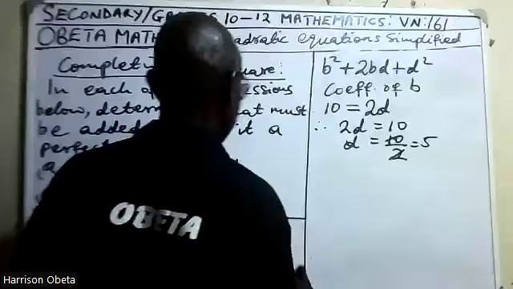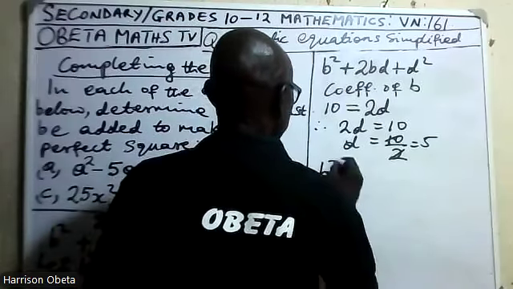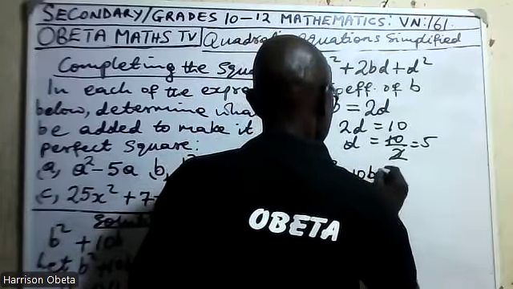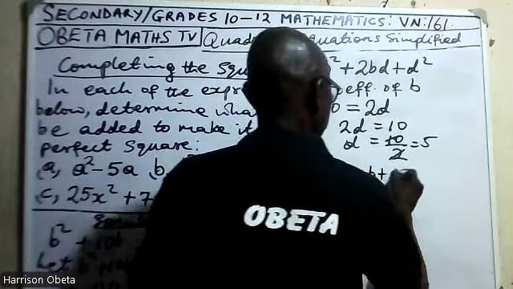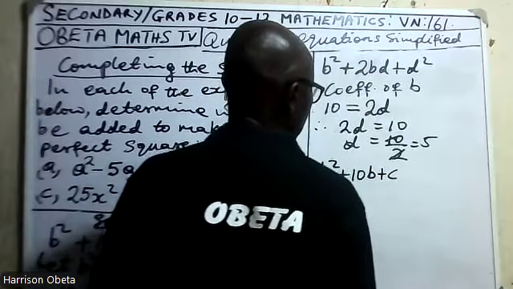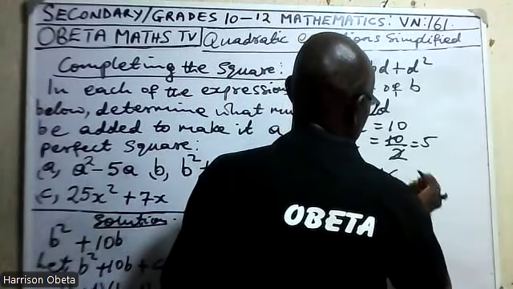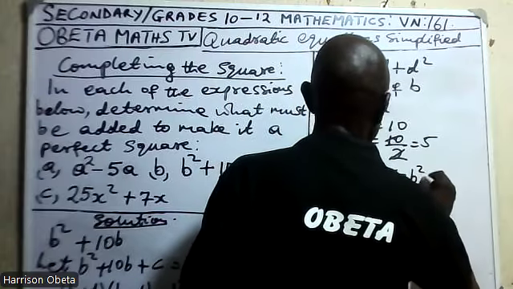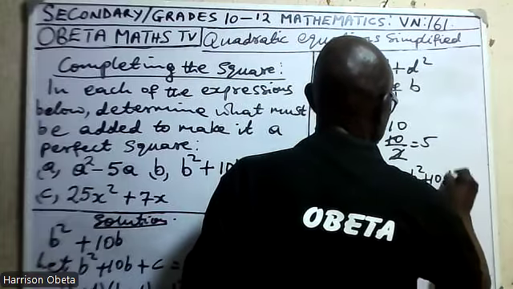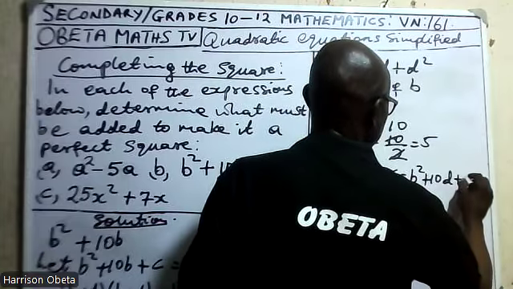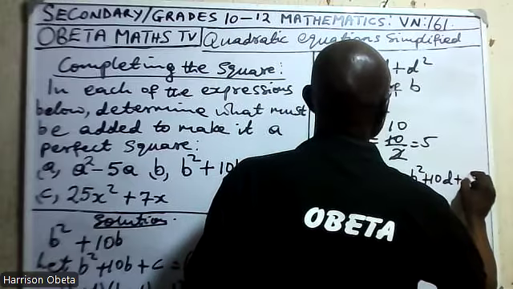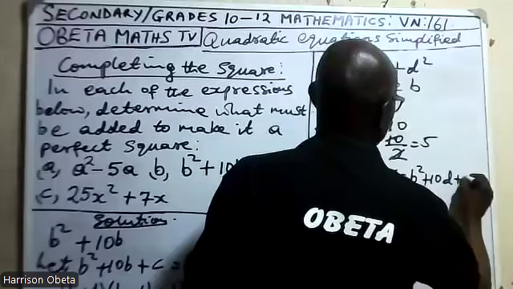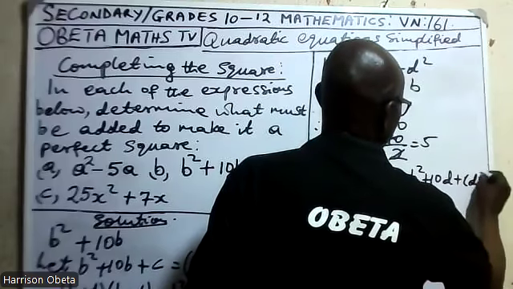And that means that we are now talking of B squared plus 10B plus C, which we can see is the same thing as B squared plus 10B plus D squared.